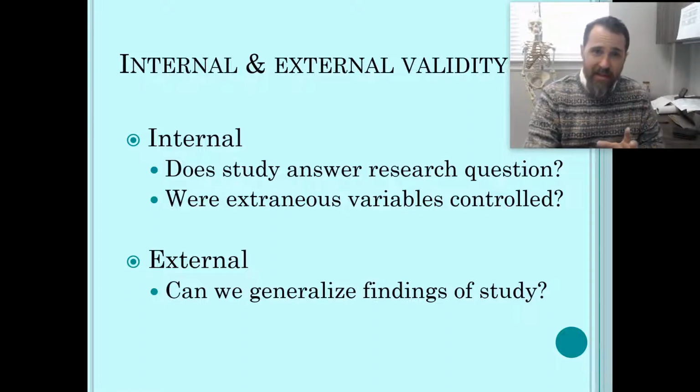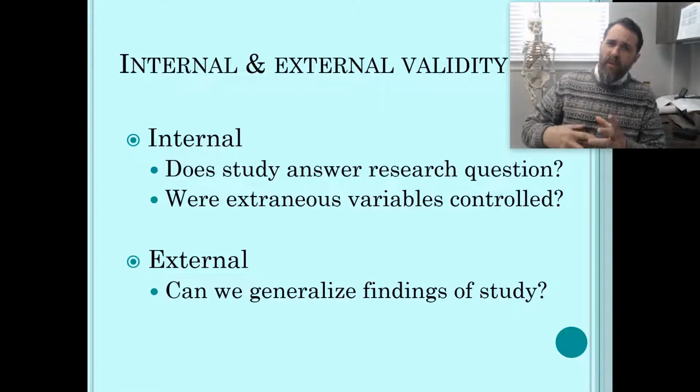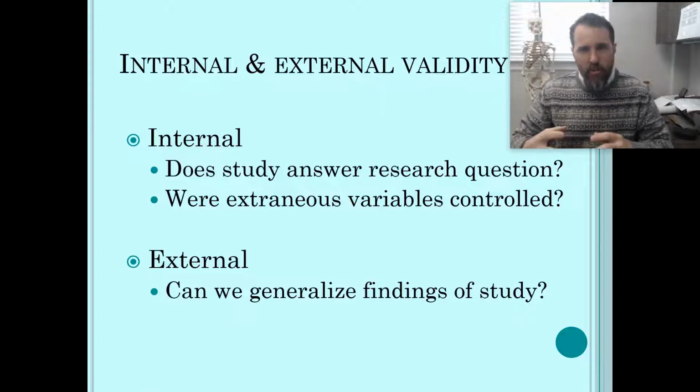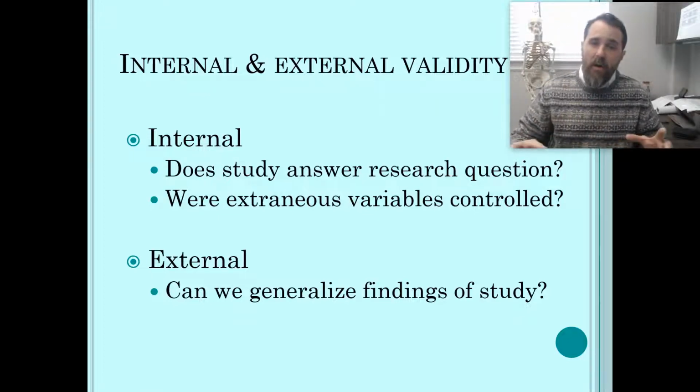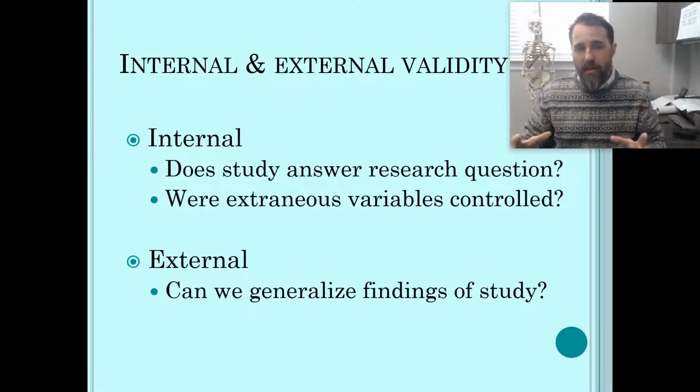So this is to say that it is really difficult to establish strong internal validity on an aphasia group study because everyone is so different. It's hard to control for lots of different factors.